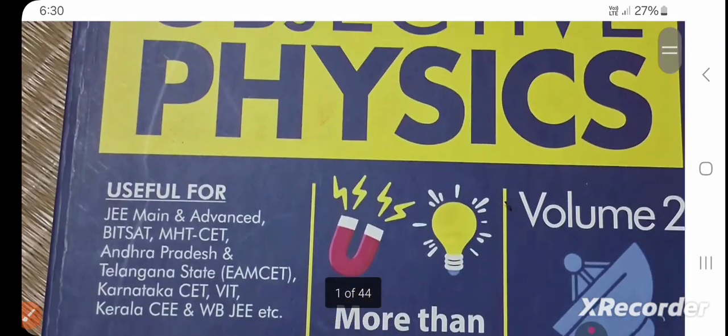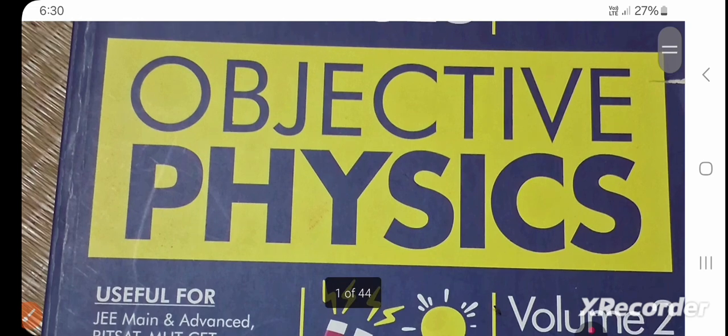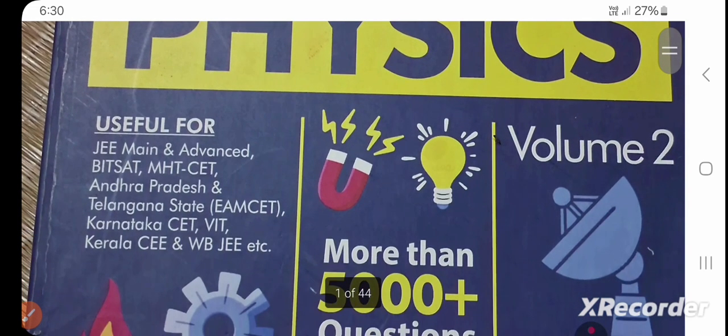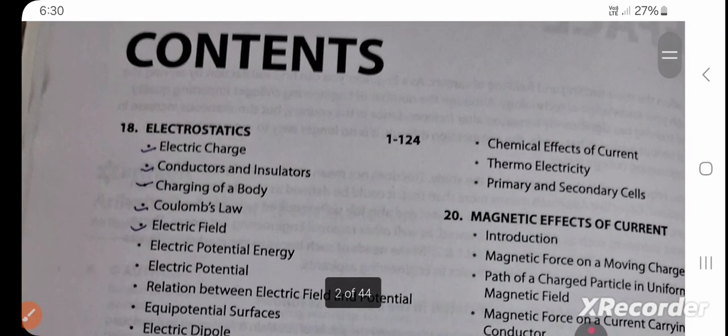Starting with the first book, this is Objective Physics, volume 2, and the course content of this book is more or less about electricity and magnetism.